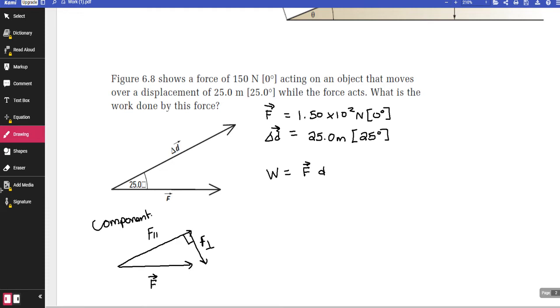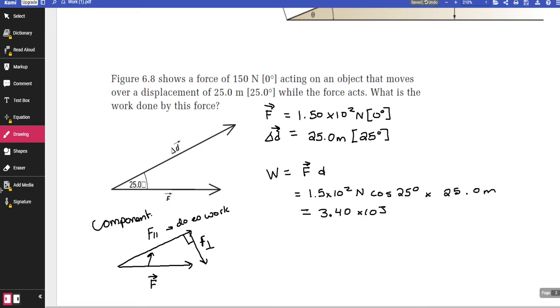And the component that does work is our F cos 25. So we're going to set this up. It's not this one, it's this adjacent one. This guy does the work. 1.5 times 10 to the 2 newtons cos 25 degrees multiplied by 25.0 meters, which is equal to 3.40 times 10 to the 3 joules.